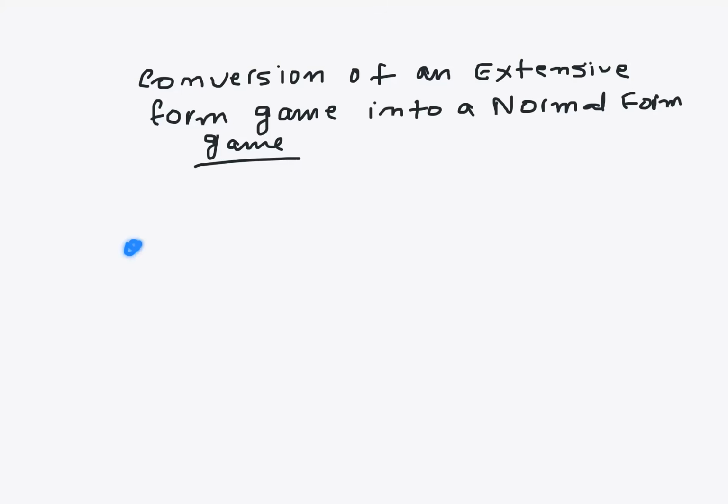Player 1 gets to play the game first, and player 1 has, let's say, 3 strategies to play the game at the initial node. So let's say they are A, B, and O. And the payoff here is 0 to player 1, 4 to player 2.